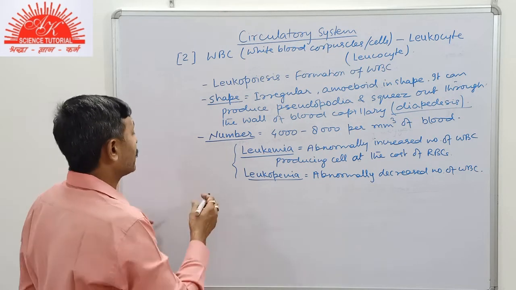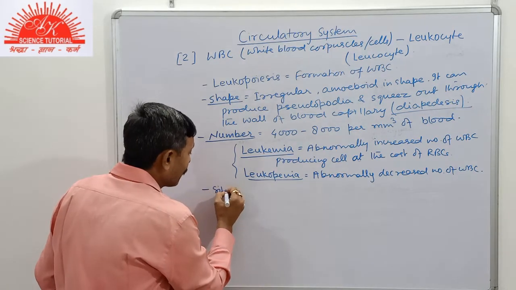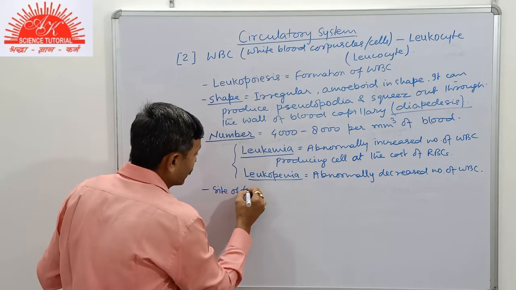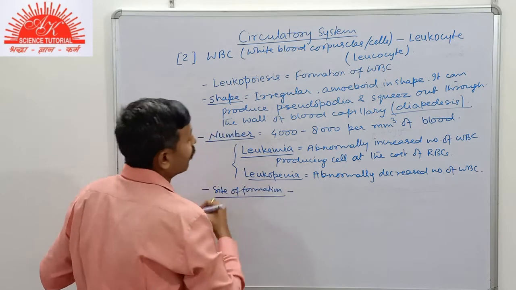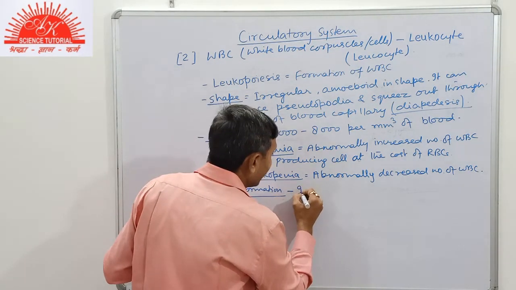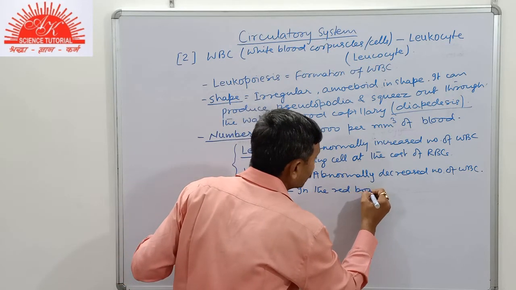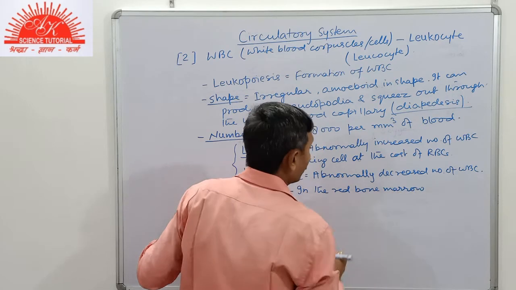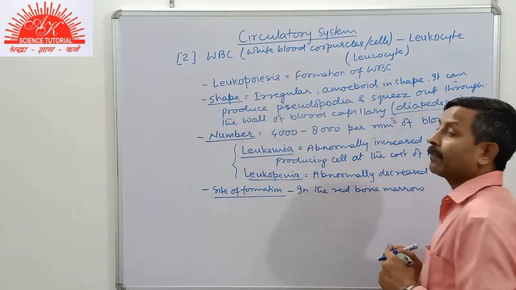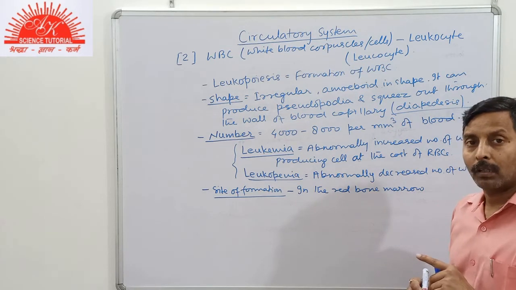Now WBC, you see, again we have to study here about site of formation. Now in the red bone marrow, actually students, it is produced in yellow bone marrow. There are two types of bone marrow in the long bones, red bone marrow and yellow bone marrow.